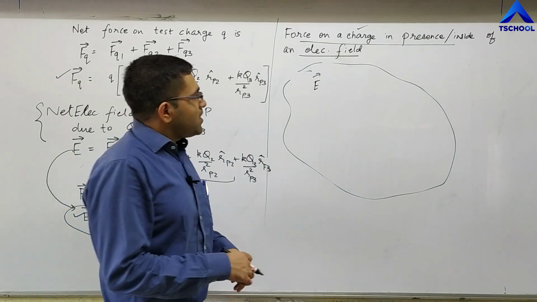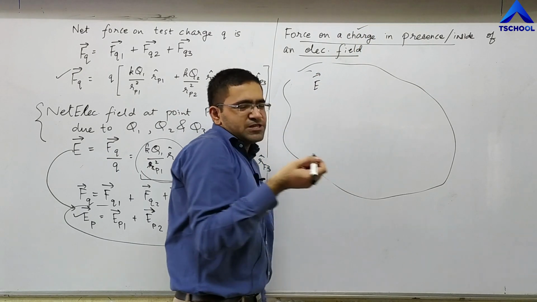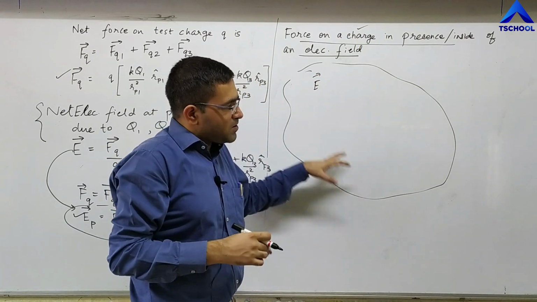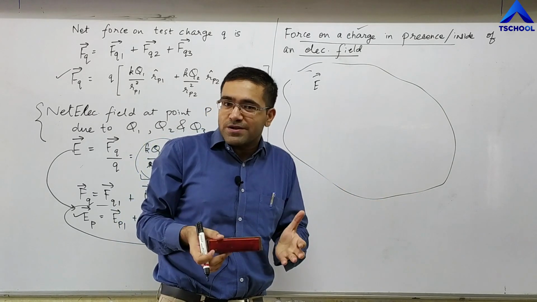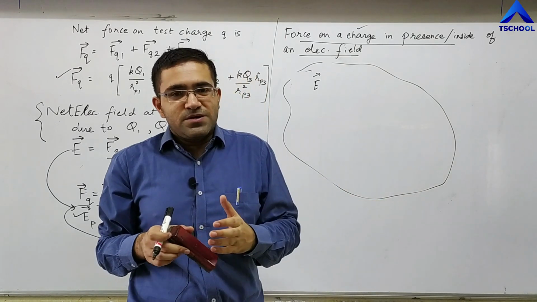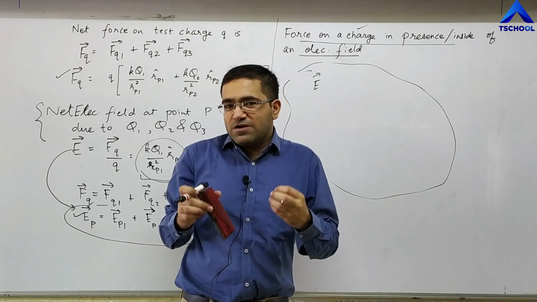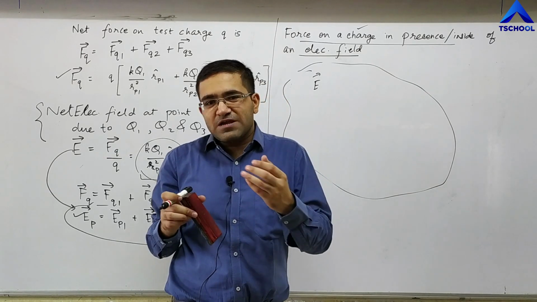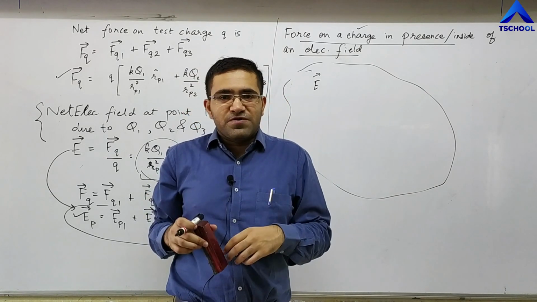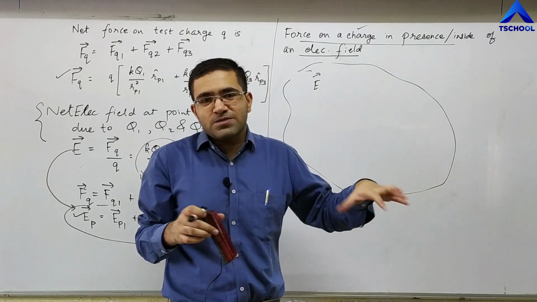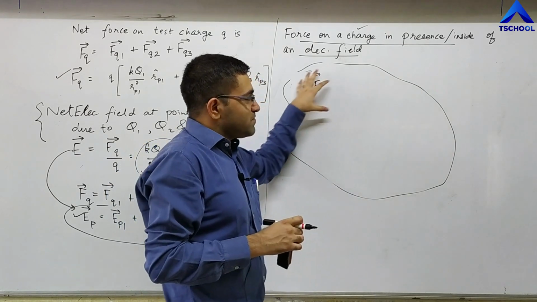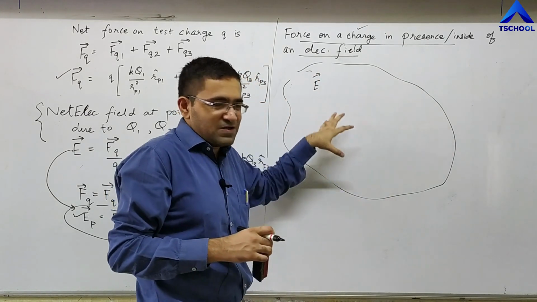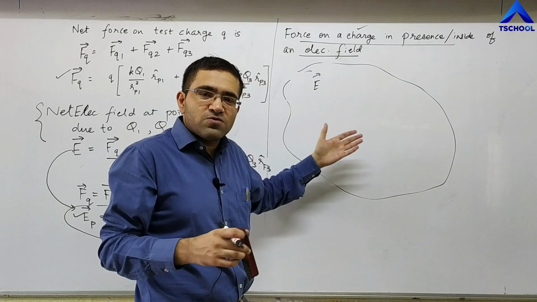So let's say somehow over here, in this space, electric field is present. Now it's quite possible that the electric field is varying or it's not the same everywhere. I hope you remember what I told you about wind and about fields. Wind velocity, that is wind speed, and wind direction may be different at different places on the earth at the same time. Just like that, with a varying electric field, at different points the electric field could be different.